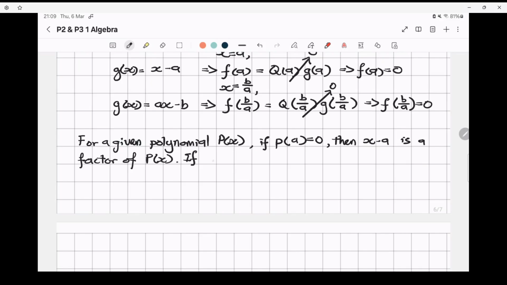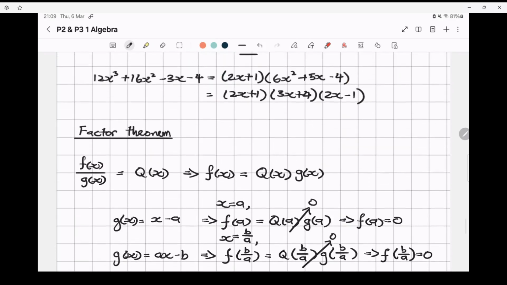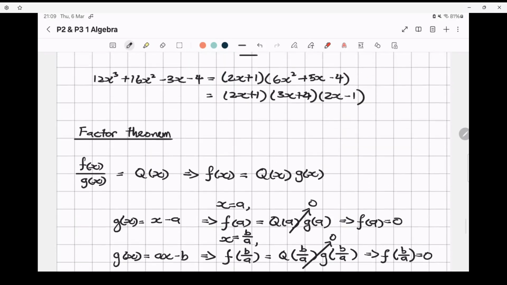If p(b/a) equals 0, then ax minus b is a factor of p(x). So that's basically the whole idea of factor theorem.